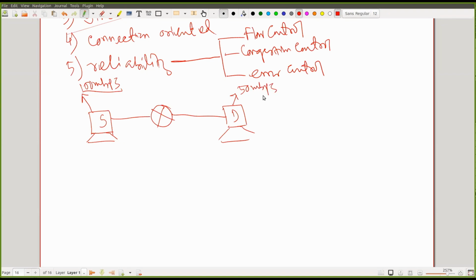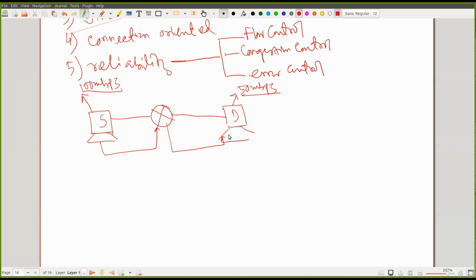That means a receiver can process 50 MB of data per second, whereas the sender can send 100 MB of data per second. If the sender sends data continuously to the destination, can anybody think of what problem is going to arise?